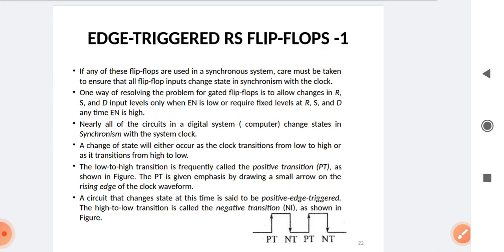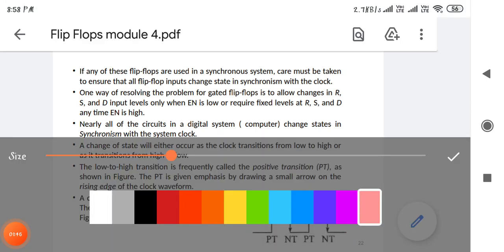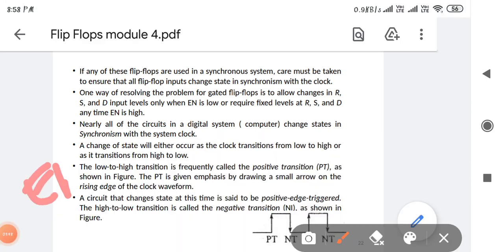If any of these flip-flops are used in synchronous systems, care must be taken to ensure that all flip-flop inputs change state in synchronism with the clock. One way of resolving the problem is gated flip-flops, which allow changes in the R, S and D input levels only when enable is low, that is, enable equals 0.